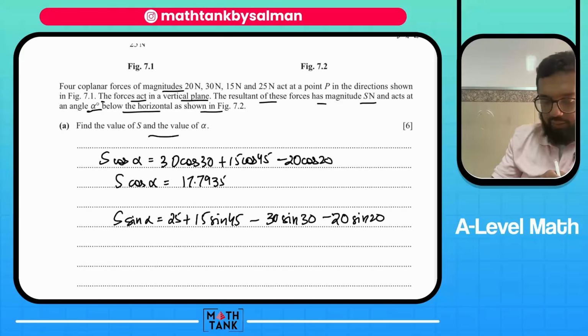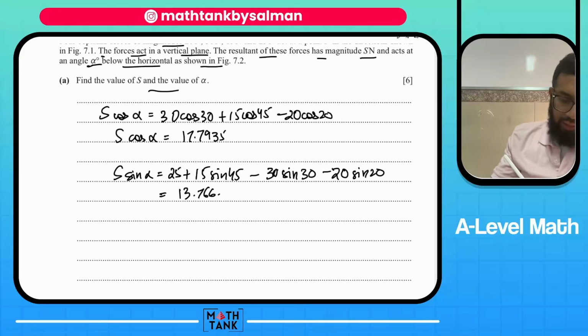So 25 plus 15 sine 45 minus 30 sine 30 minus 20 sine 20. I'm getting 13.766.